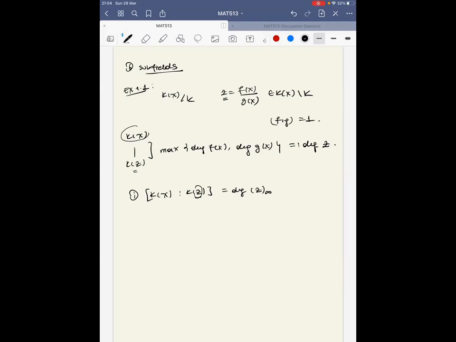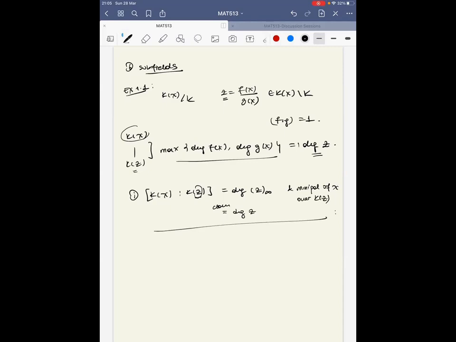And here, our claim is that indeed the degree of the pole divisor is equal to the maximum of the degree of f and g. Depending on the extension degree, we also want to write the minimal polynomial of x over k(z).